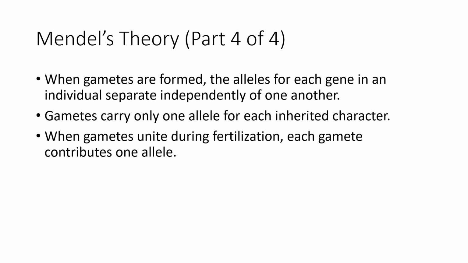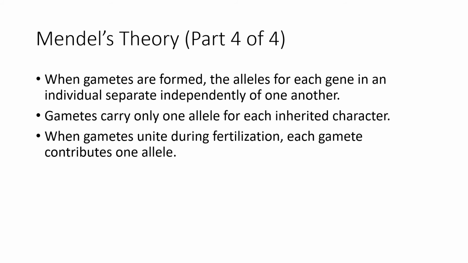Part 4. When gametes are formed, the alleles for each gene in an individual separate independently from one another. Gametes carry only one allele for each inherited character. When gametes unite during fertilization, each gamete contributes one allele.